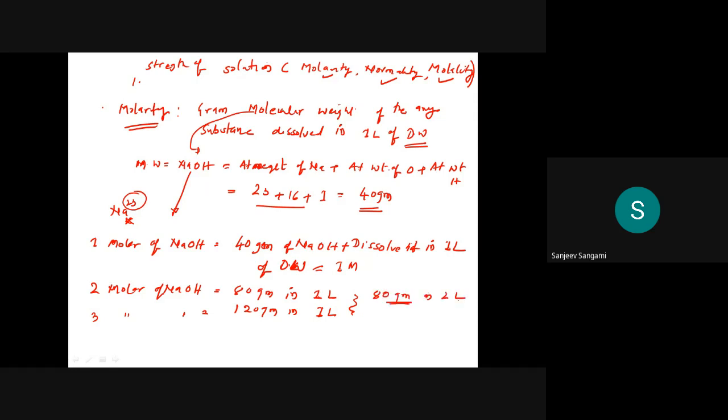It is wrong. The question was related to that, but 80 gram in 2 liters means it is 1 molar only. Again here also, if you dissolve 120 gram in 3 liters, it will be 1 molar only. It is not 3 molar. So that way you have to calculate it.